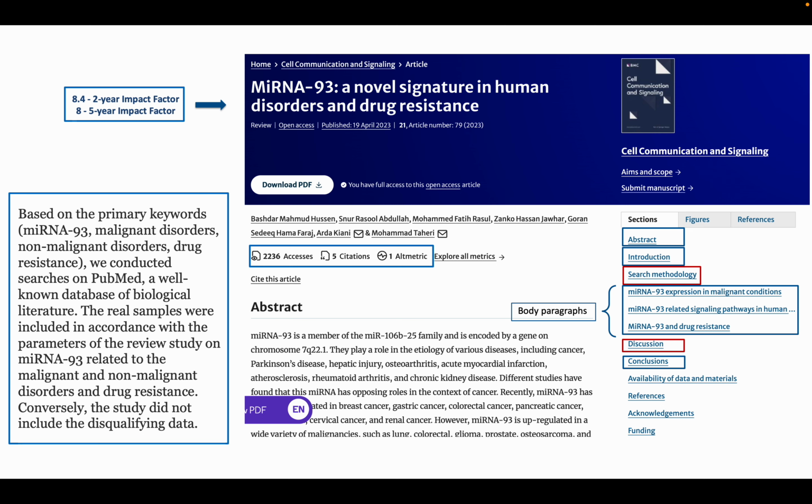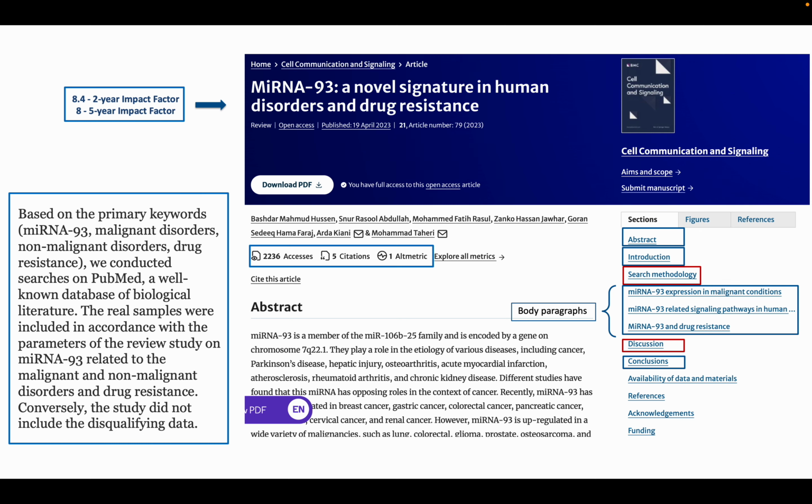These are our keywords. We searched on PubMed. We use PubMed as a well-known database of biological literature. So the real samples were included according to our parameters, according to our keywords. And the study did not include the disqualifying data.